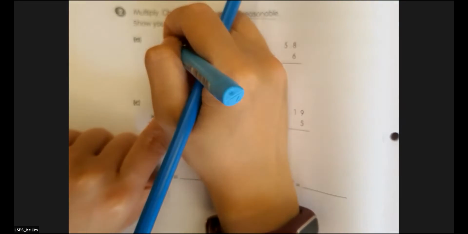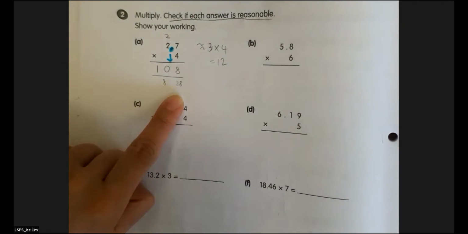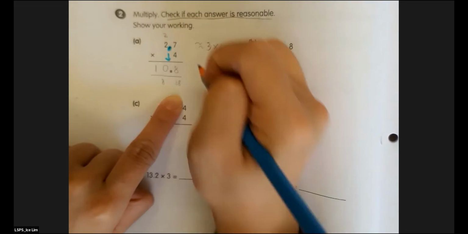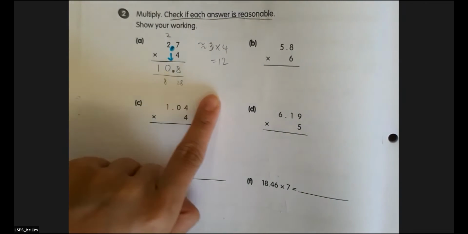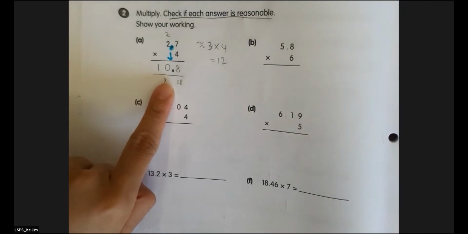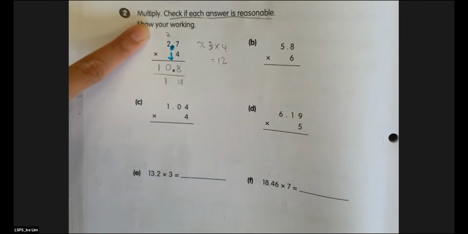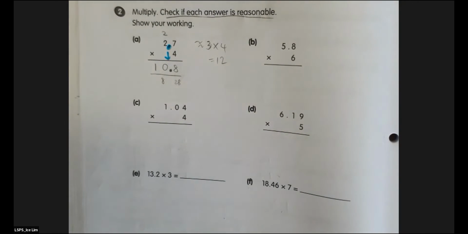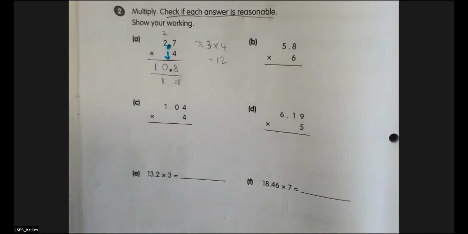But this is not 27 times 4, it's 2.7 times 4. So I align the decimal place, bring it down: 10.8. Okay, is it close to 12? Roughly, about there. So it's like $2.70 plus $2.70 plus $2.70 plus $2.70. You should get about $10.80. Can you understand that? Okay.